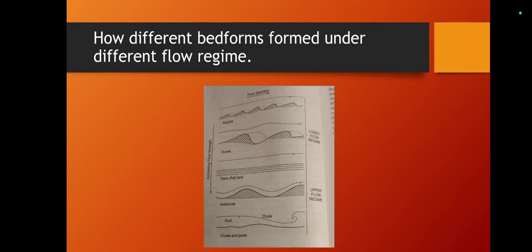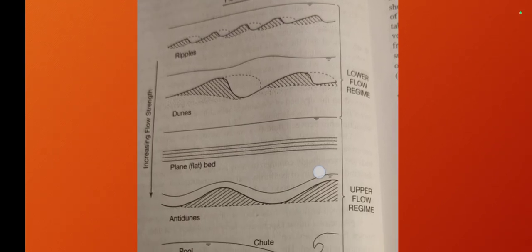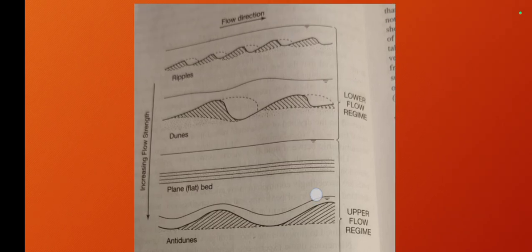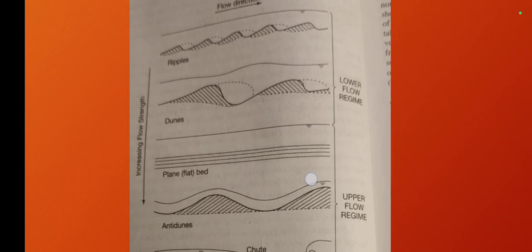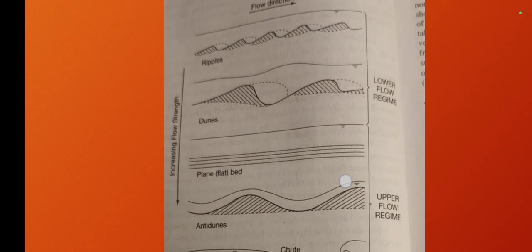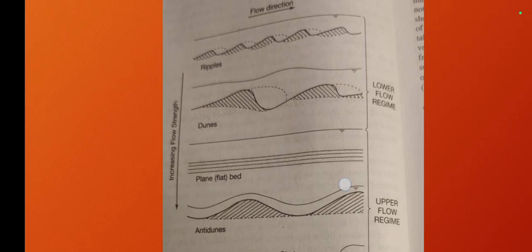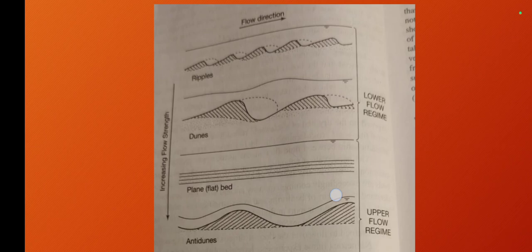This is the figure which I have included about how the different bed forms get formed as the flow strength increases. It is divided into two parts: lower flow regime and upper flow regime. In the lower flow regime, ripples and dunes get formed. You can see here the ripples, where the cross laminae are in the direction of the flow.